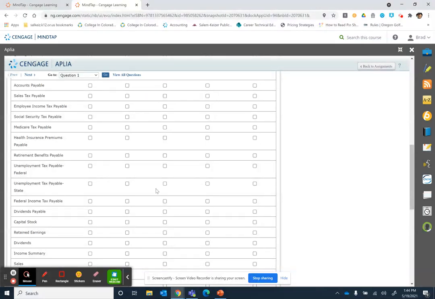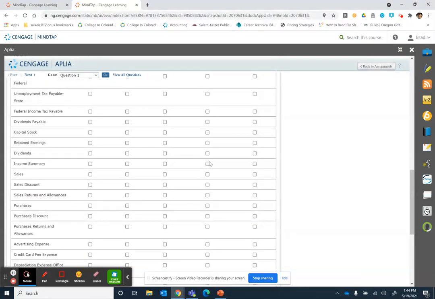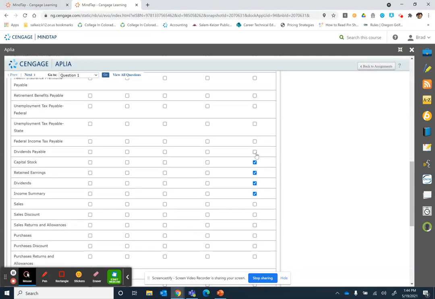So we'll keep in mind here that everything from income summary up is going to be included in something else. So we will start here at income summary and work our way up.